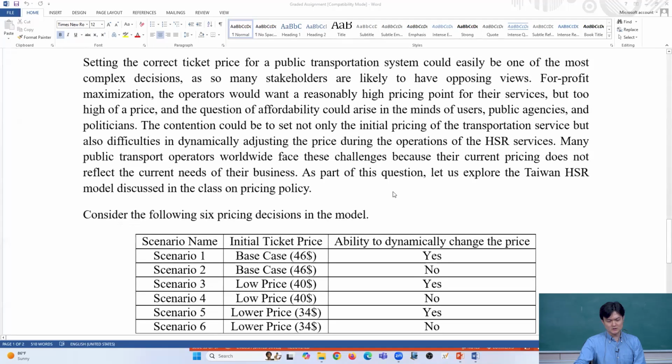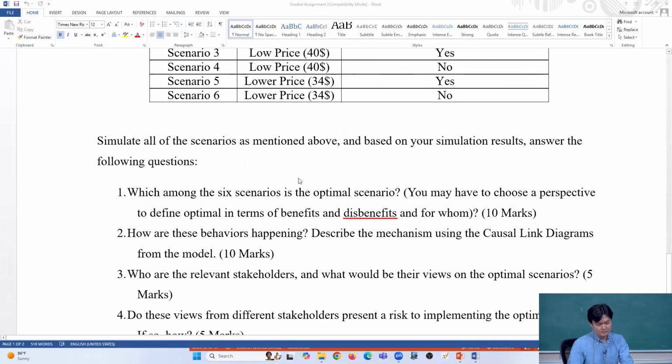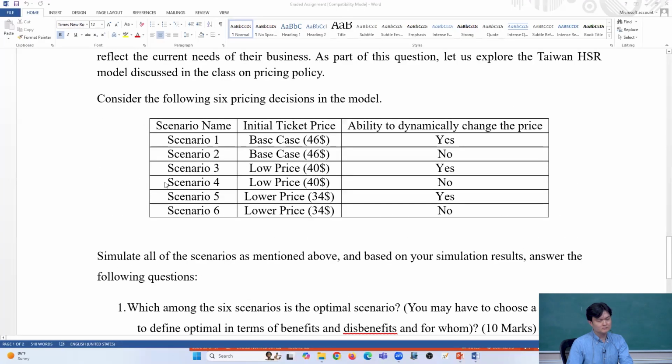So the second question is, we want you to focus on the desired load factors, but focusing on ticket price. Oh wait, sorry, hold on. We're giving you 6 possible scenarios that you can model or simulate with the model, with the combination of the base ticket price and whether or not you want to change that price.